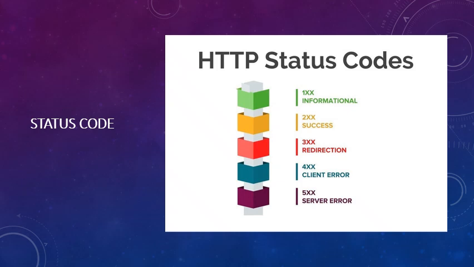If the requested resource doesn't exist, we might expect a 404 status code. And if there is a server-side problem, we might see a 500 level status code. So one of the simplest API tests we can write is, did the API return the status code that we expected?